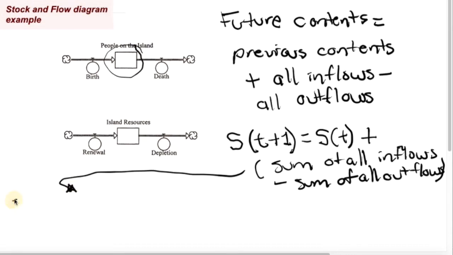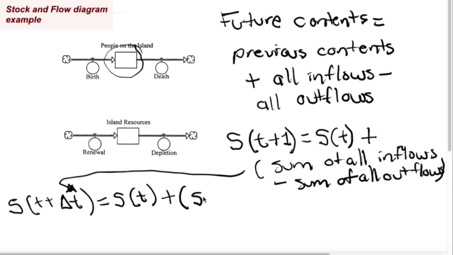So it means that S(t + Δt) equals S(t) plus the sum of all inflows minus the sum of all the outflows, and this is multiplied by the time step, right?